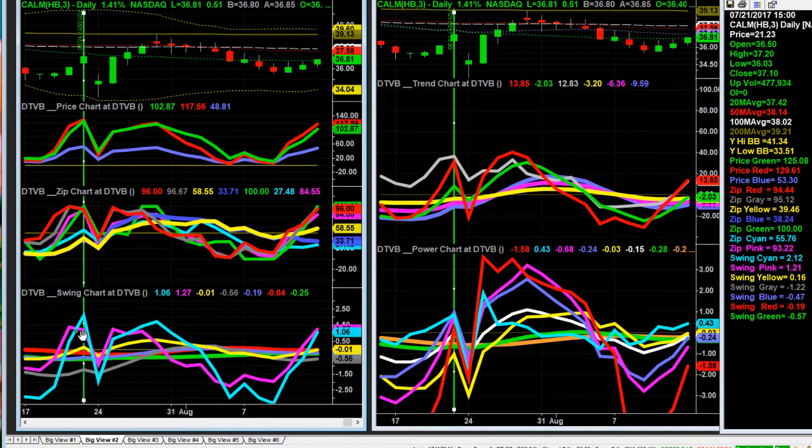It'll move first before others will move. Swing pink and zip red are the two quickest lines of the entire system.